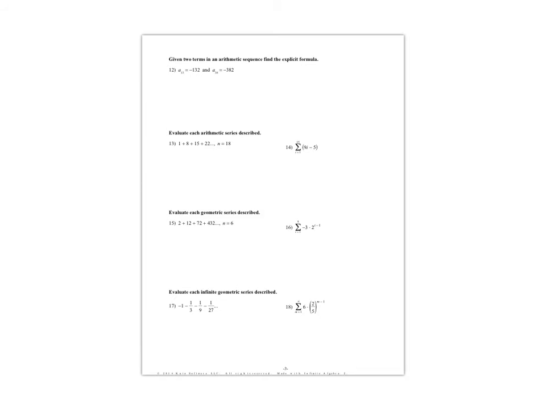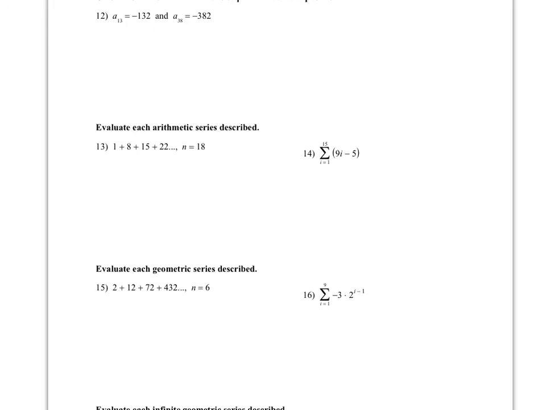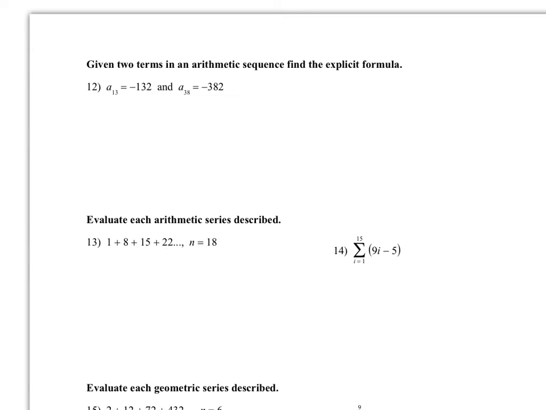Right, so question 12. We need to find the explicit formula given just two random terms of the sequence. Now, it says very specifically that we've got an arithmetic sequence, which means it can be patterned with a linear function.